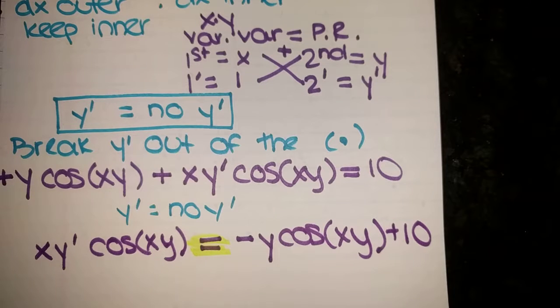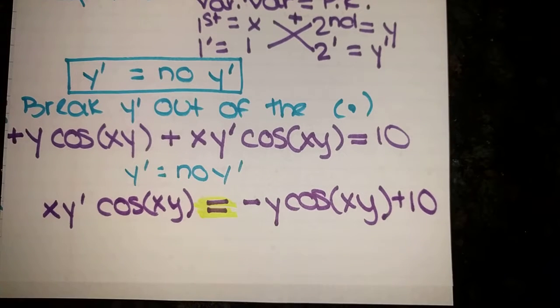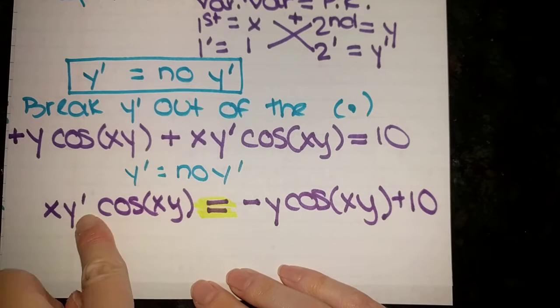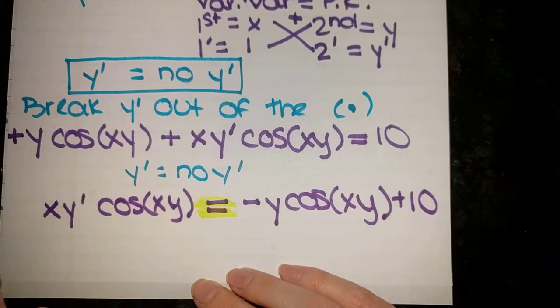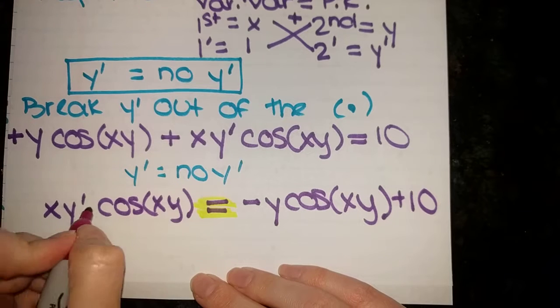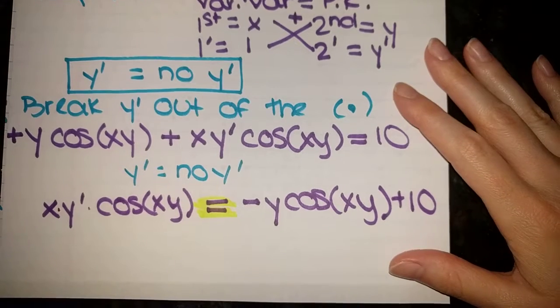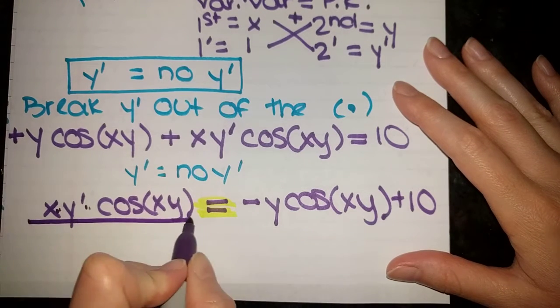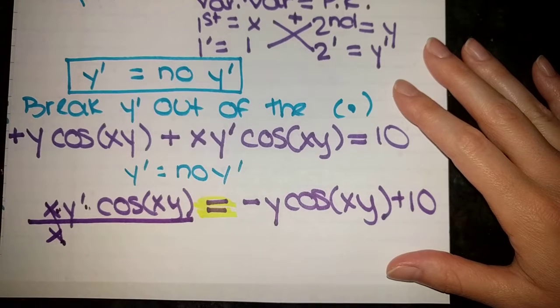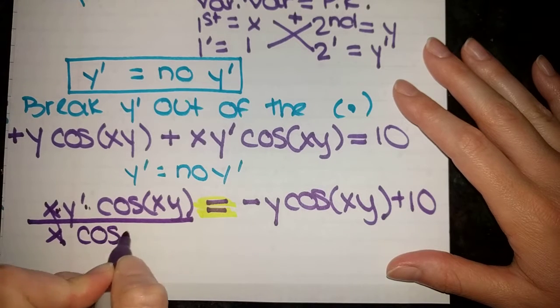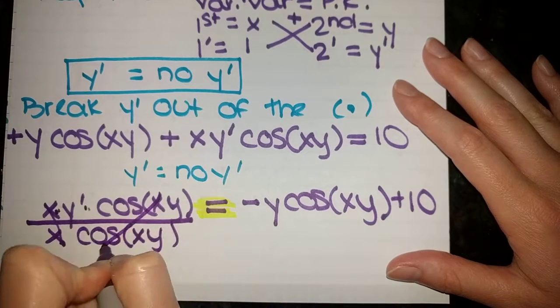Okay, now at that point you have to factor out y prime, but you'll notice here that y prime is already a factor of cosine xy and x because you have multiplication here, multiplication here. So you don't actually have to factor, you can go straight to dividing because again it's a factor already. So you would divide by x, those would cancel, and you would also divide by cosine xy, those would cancel.